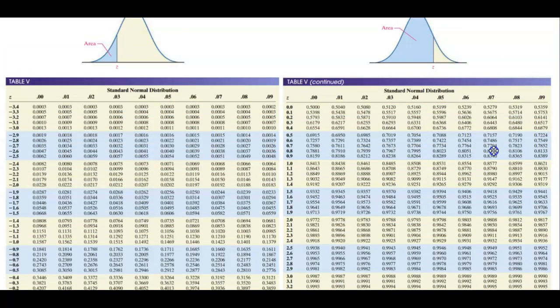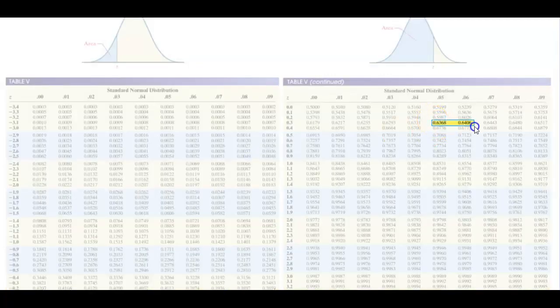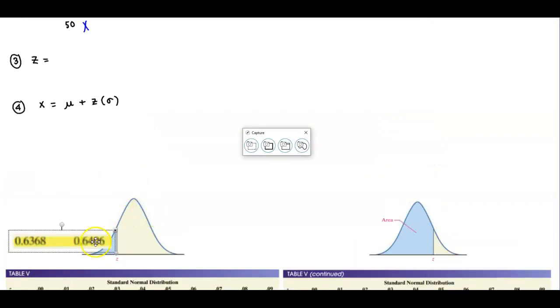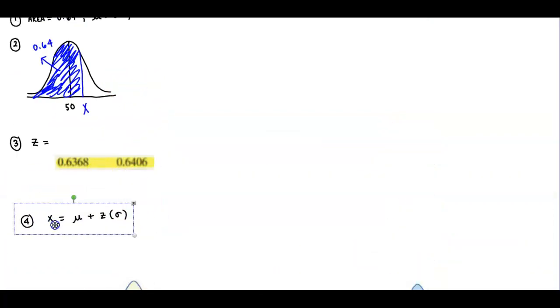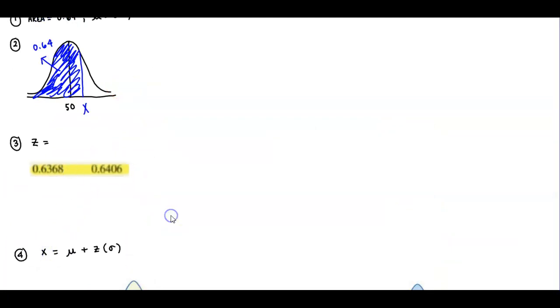We can see that 0.64 is in between those two values. When we use the table, the area we're dealing with is 0.6400. Which one is it closer to?